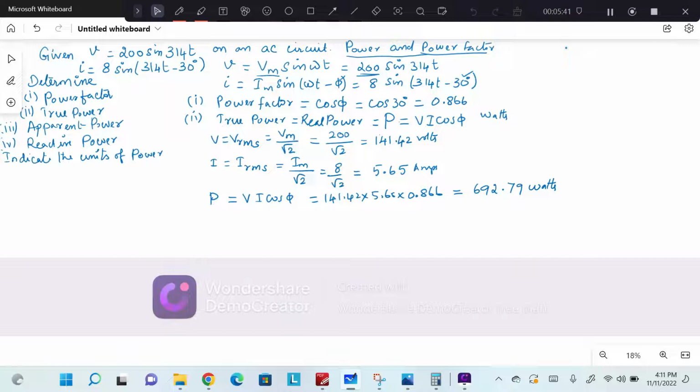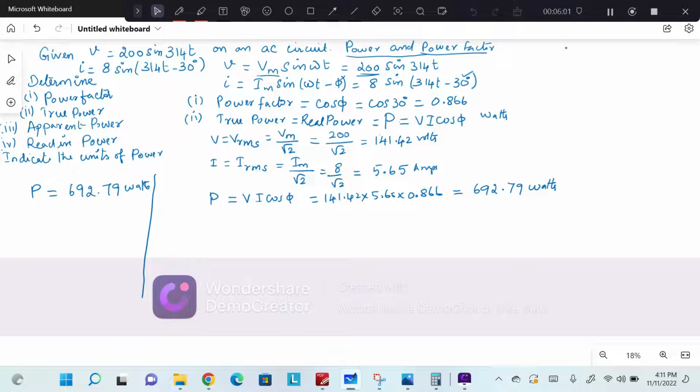So this is the real power P. P, real power, is 692.79 watts. Okay. So this is real power. So let me write the answers this side.